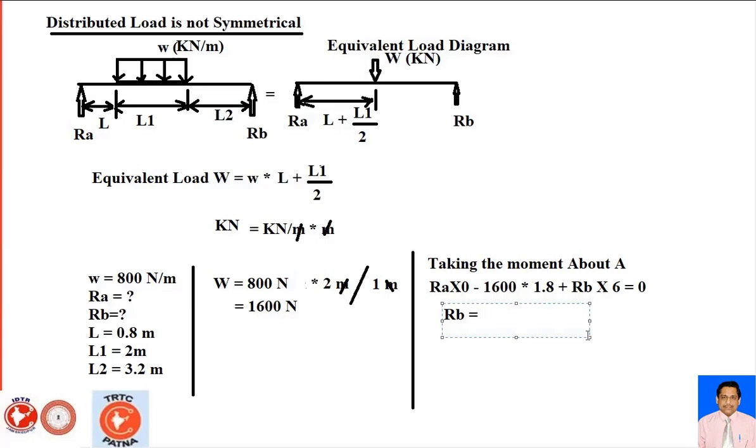RB is equal to minus 1600 multiplied by 1.8 and divided by 6. So your value is 0.3. So now RB equal to 480 Newton. So this is our RB, 480.